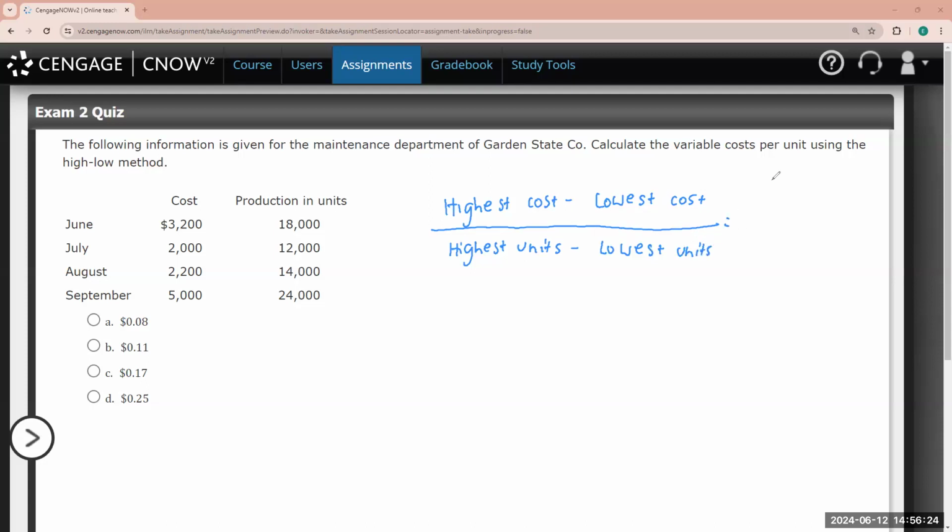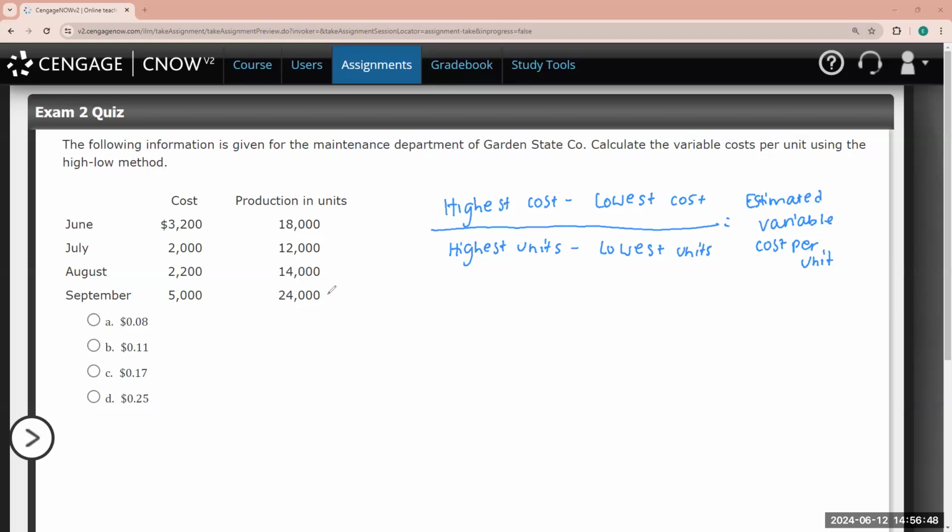And this gives us our estimated variable cost per unit. In a previous problem, it asked us for the fixed cost, and this problem is just asking us for the variable cost per unit.